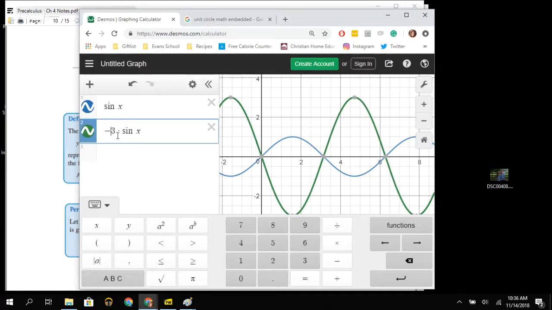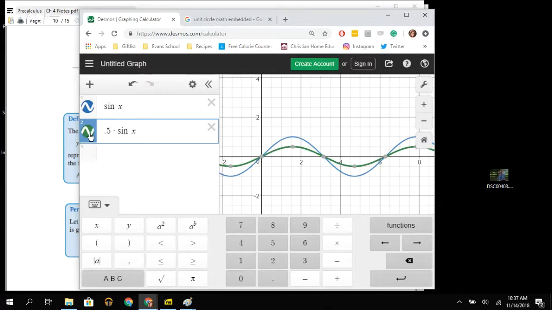It flips it over the x-axis, right? But the difference in the amplitude is the same. It goes from an amplitude of 1 to an amplitude of 3. Or if you put in 0.5, right, you can decrease your amplitude by putting a number out front.